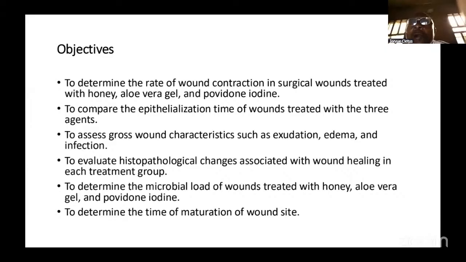And then the next one is the exudation, to assess the characteristics in terms of exudation, edema, and infection. For this one too, a scoring sheet will be provided.